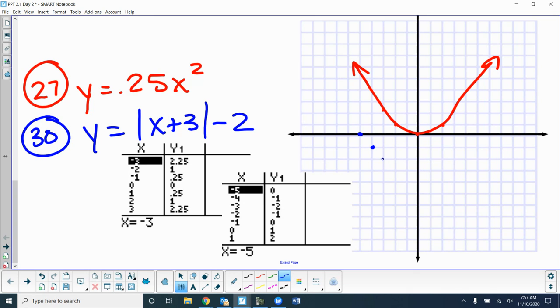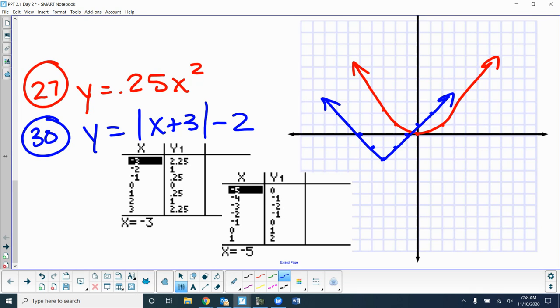Negative 3, negative 2. Negative 2, negative 1. Negative 1, 0. 0, 1. 1, 2. So this would be like this. Okay? Simple, right? Calculator's doing the work for you. You can always, though, if you don't have your calculator, do an XY table, what we talked about yesterday, right?